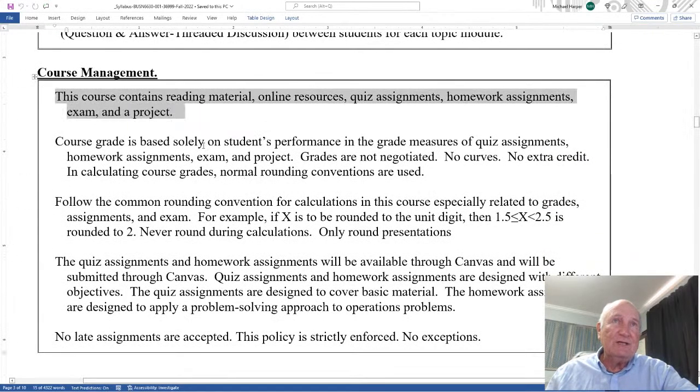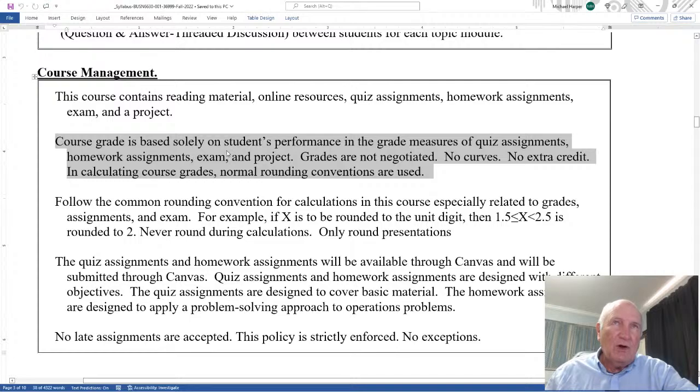Again, this course contains reading material, online resources, quiz assignments, homework assignments, exam, and a project. Course grade is based solely on students' performance in the grade measures of quiz assignments, homework assignments, exam, and project. Grades are not negotiated, no curves, no extra credit. In calculating course grades, normal rounding conventions are used.